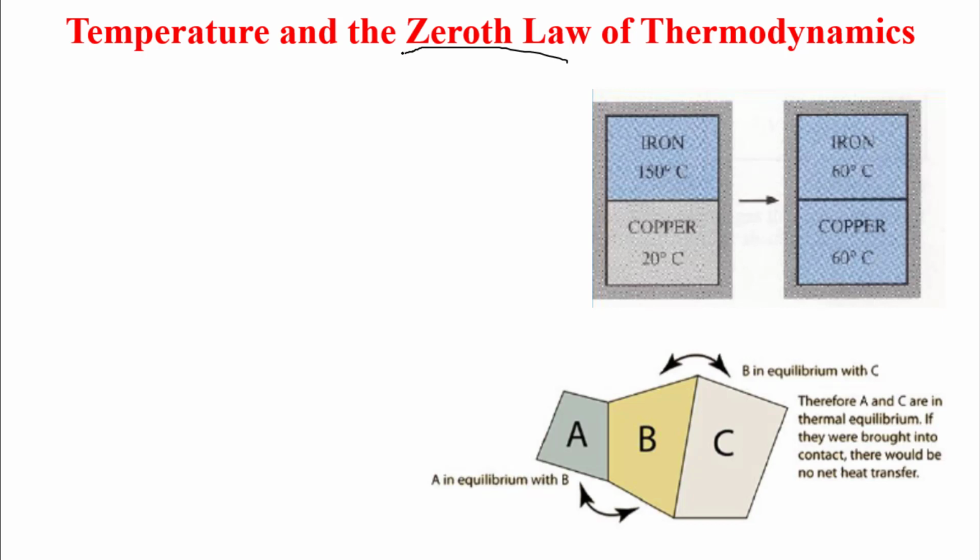Now, temperature and the zeroth law of thermodynamics. Remember, we started with the laws of thermodynamics, and we said that we have the zeroth, first law, second law, third law. Now, for the zeroth law, take a look at this diagram.